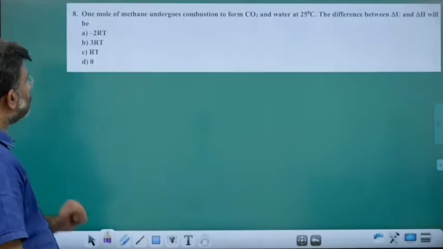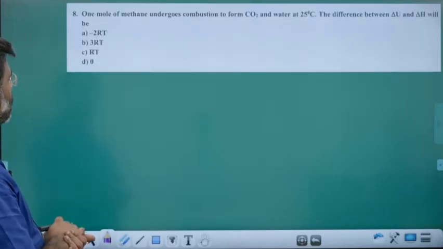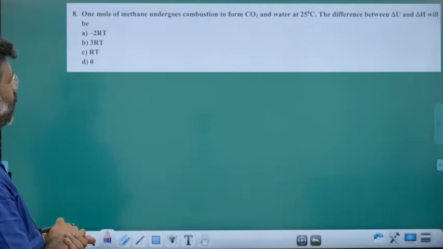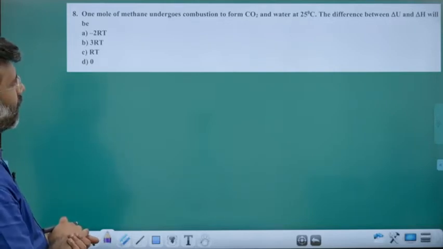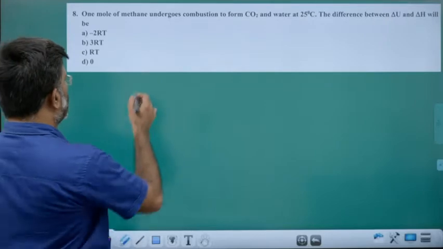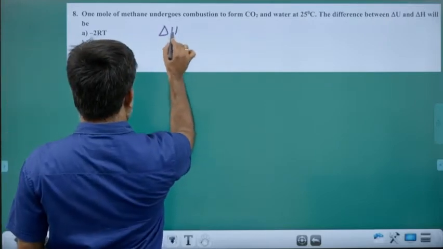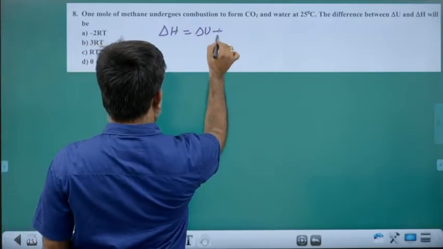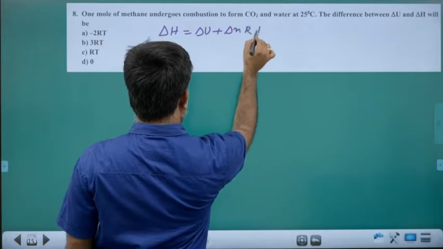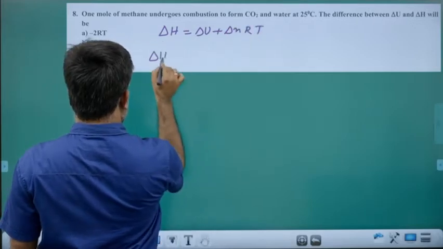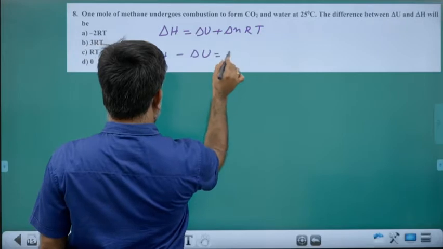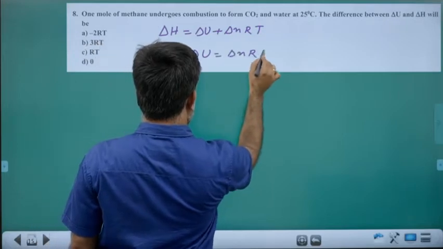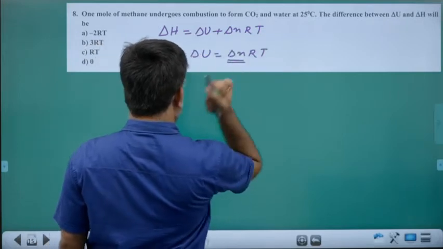Next one. 1 mole of methane undergoes combustion to form carbon dioxide and water. Difference between delta H and delta U. You know the relation: delta H is equal to delta U plus delta n RT. Therefore, delta H minus delta U equals delta n RT. The point is, what is delta n?